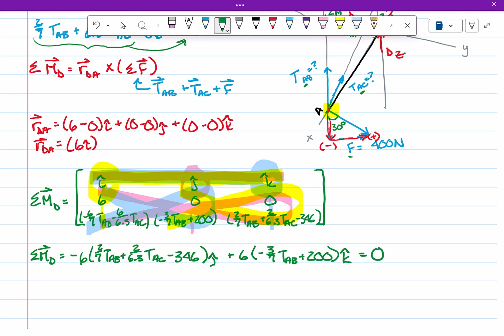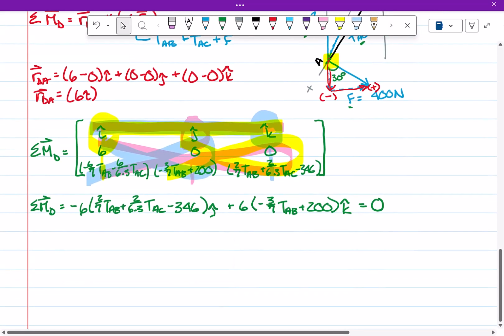So j is not going to help out k, but the sum of the moments created by the components going in the j direction must be equal to 0. Otherwise, you will have rotation in the j direction. So we can again set each one of these equal to 0.